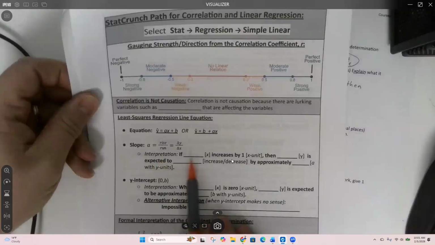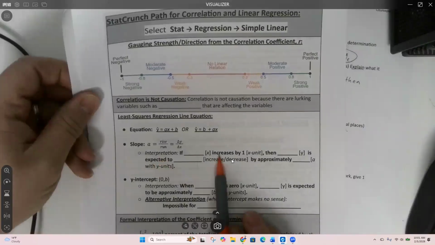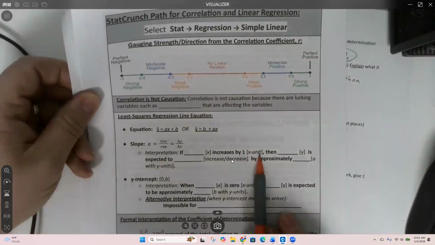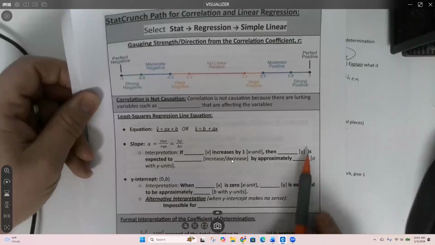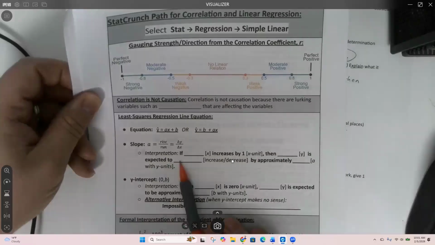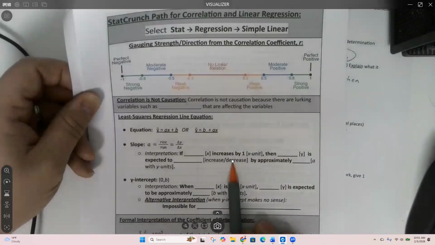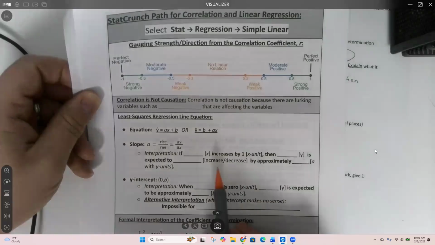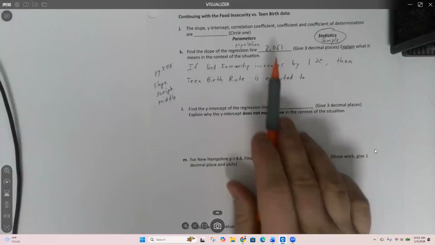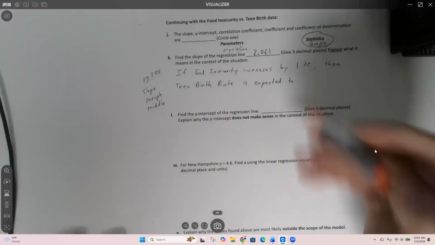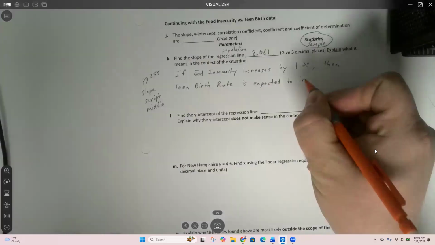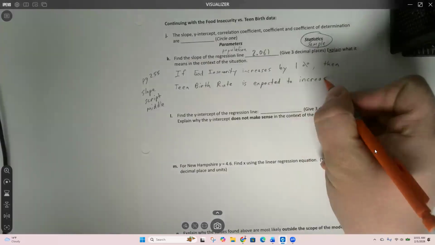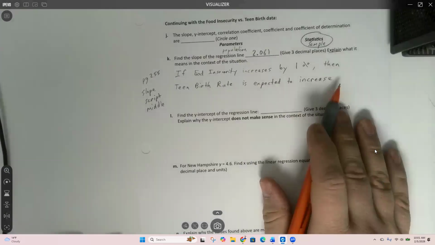If x, which is the food insecurity, increases by 1, and then I wrote out percent, then y, teen birth rate, is expected to. Now, this right here, you write increase or decrease depending on whether your slope is positive or negative. In this case, my slope is 2.061. It's positive, so we will write increase. Now, if it was negative, I would write decrease, okay?